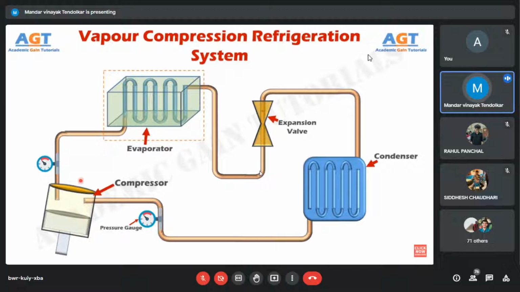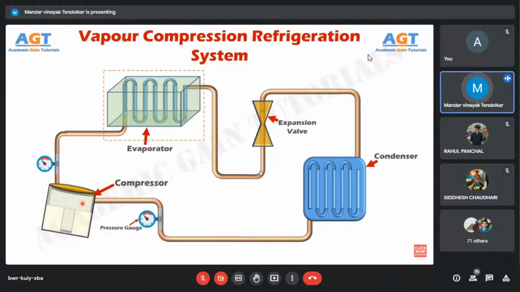So, let's see how this process works. First of all, this compressor starts working. The job of the compressor is to pressurize or compress the vapor refrigerant inside this compressor chamber. Here, in a vapor compression refrigeration system, we commonly use either ammonia or freon as a heat-carrying medium throughout the whole procedure.